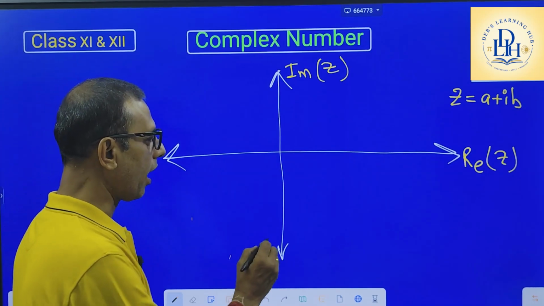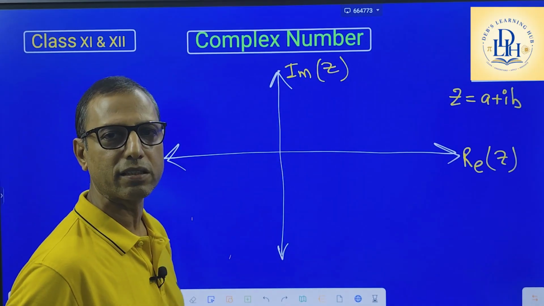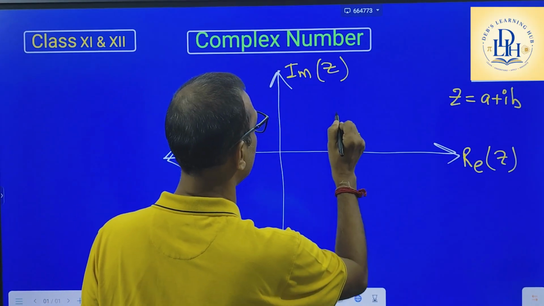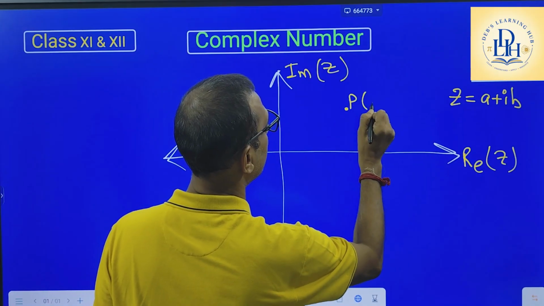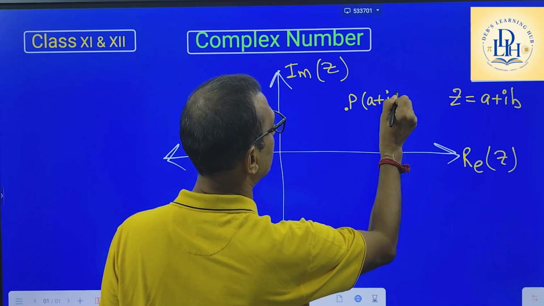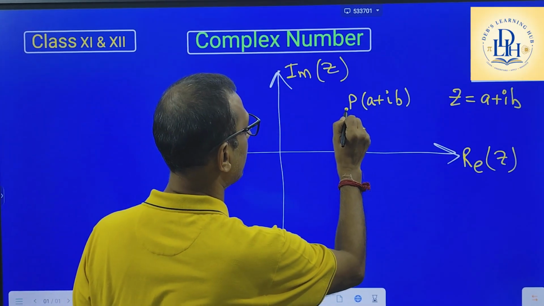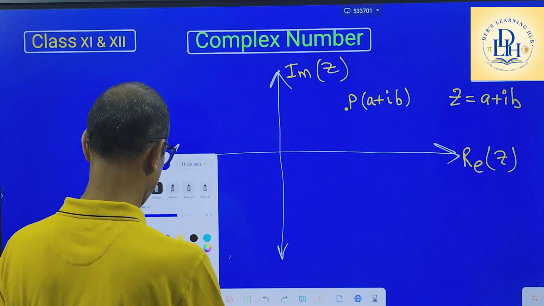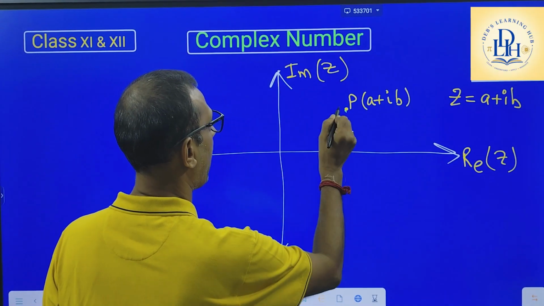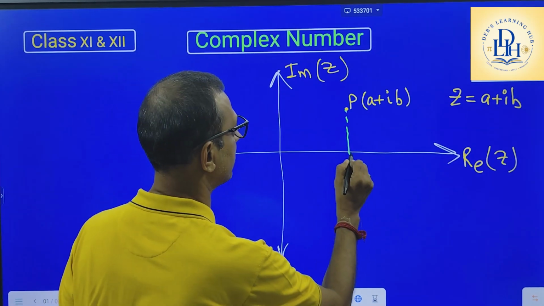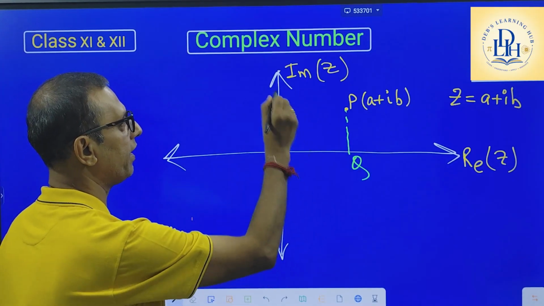Okay? So now you have to plot this number. How do we see it in the graph? It will look like this. Let's say P is the point which represents a plus ib. If you draw a perpendicular from here, it will intersect the real axis at Q. This origin is the intersection of the real x and y axis.